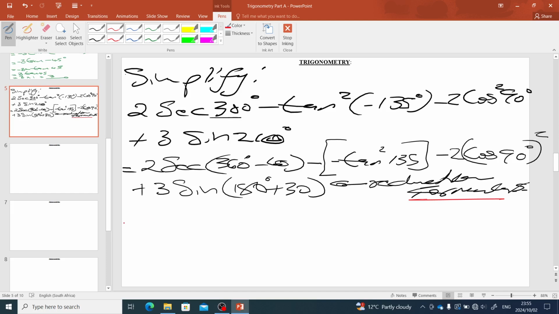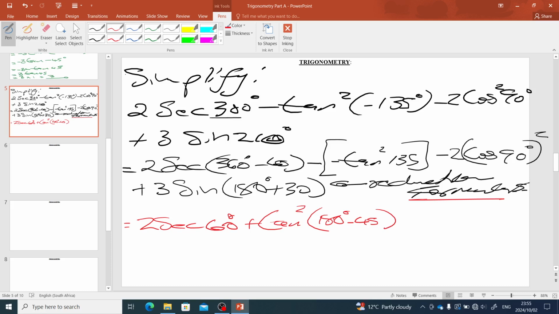Now, we will then have 2 sec 60 degrees plus tan, this one will be plus, negative multiplied by negative is positive, right? Then we will be having tan squared, open bracket, 180 degrees minus 45. Did I write it? Oh, I didn't write it there. Okay, but anyway, minus 45.